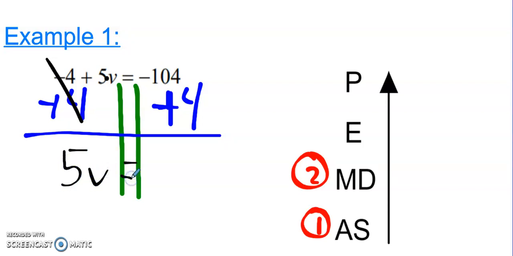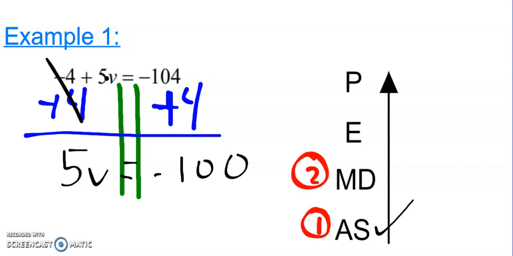Bring down your equal. -104 plus 4 is -100. Okay, so the adding and subtracting, check. We did that part. Now, we have 5 times v equals -100.